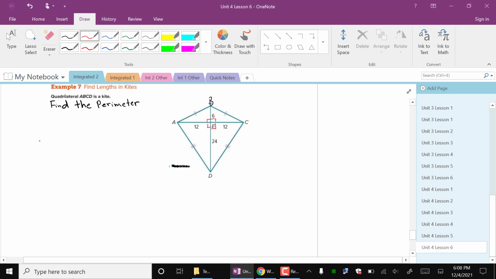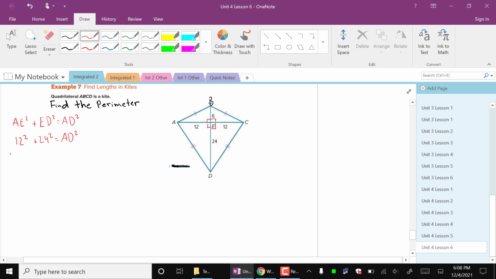So let's go ahead and put it in. We're going to start off with finding AD. So we're going to use our first leg and our second leg to help us find AD. So AE squared, that's one of our legs, plus ED squared, that's our other leg, is going to give us AD squared, which is our hypotenuse. So we have 12 squared, I'm getting that from over here, plus 24 squared equals AD squared.